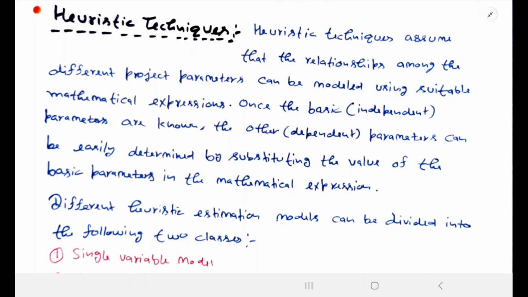Heuristic technique is based on mathematical expressions. We will have some independent variables and some dependent variables, and with the help of independent variables we will find the dependent variables as well.